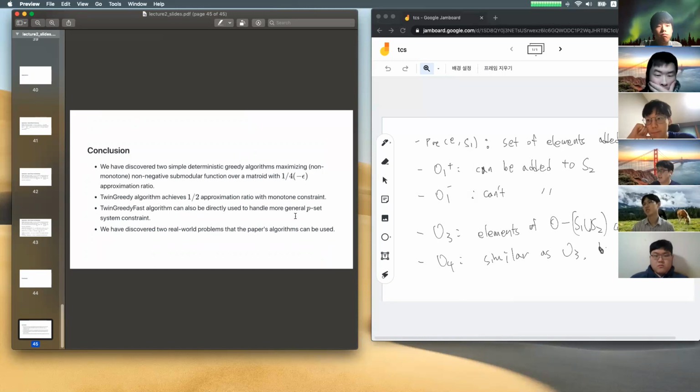And actually, while I was preparing the presentation, I thought the computation was not easy to follow in a short time, so I put in every proof for the first algorithm.